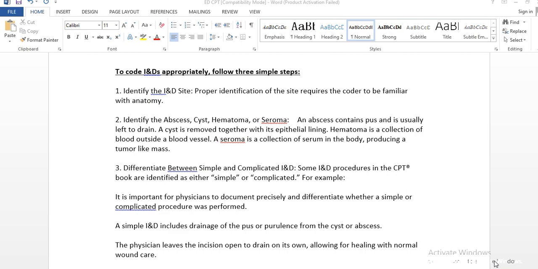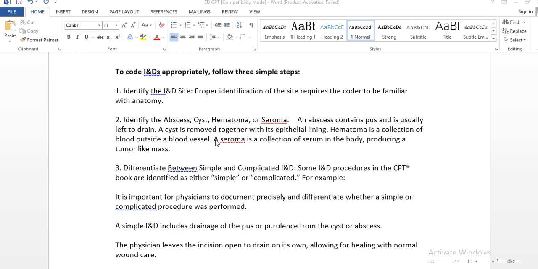Next one is we need to identify whether it is abscess, cyst, hematoma or seroma. If you know the definitions of these terms, we can do the coding easily. An abscess contains pus and is usually left to drain. A cyst is removed together with its epithelial lining.